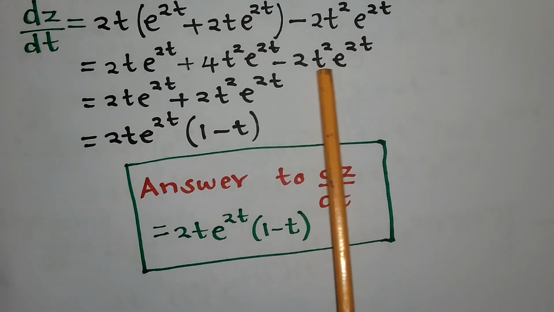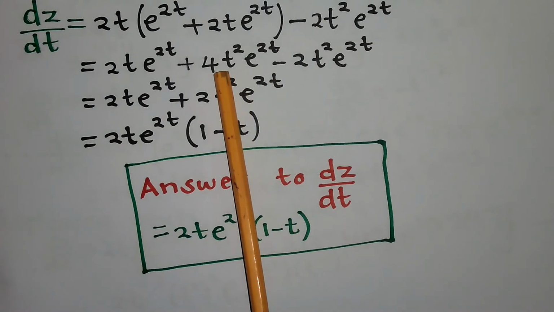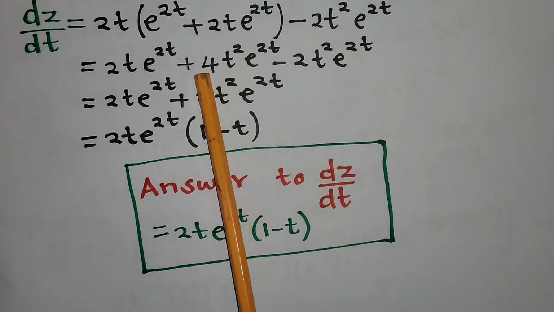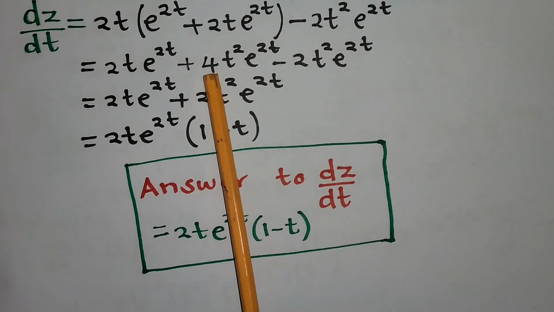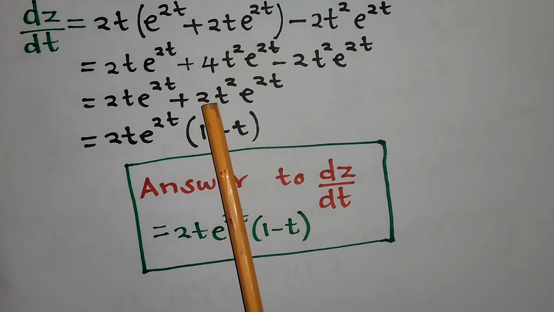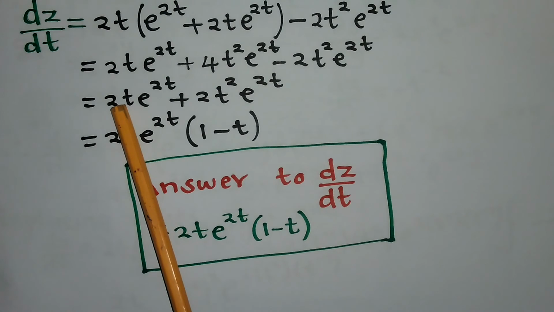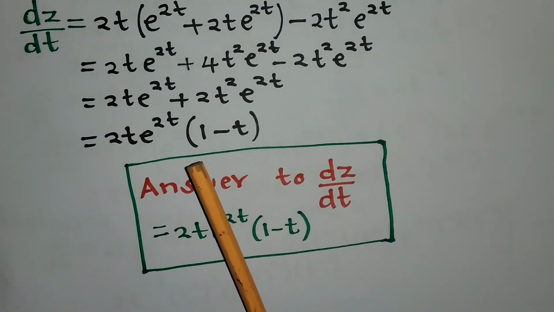You notice that the variables in this are the same as the variables in this. So we're going to work this directly by saying 4 minus 2, which is going to give us 2t squared exponential 2t.